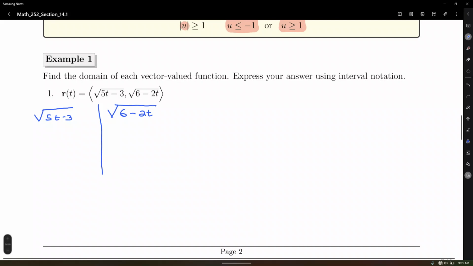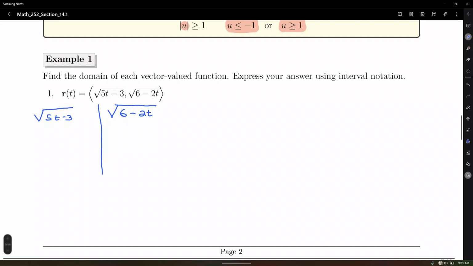Notice in this case, I'm taking the time to find such domains because these are functions with restrictions. Otherwise, if there were polynomials or radical functions of an odd index, I would just say all real numbers and flip the page. But it's not the case.